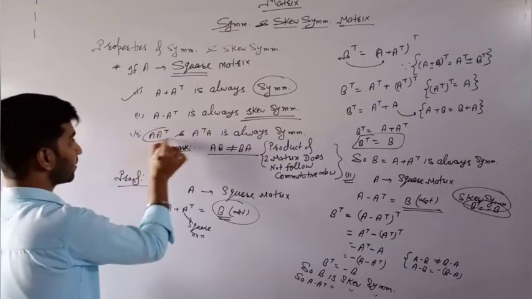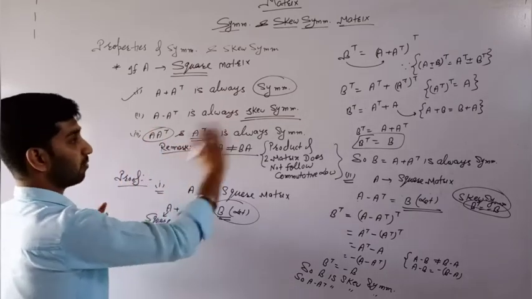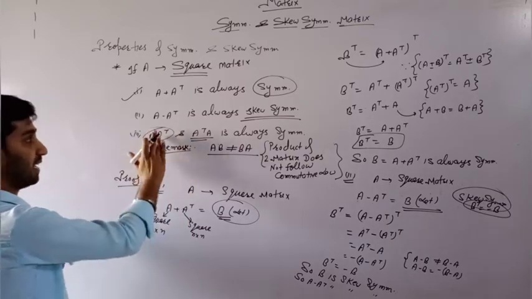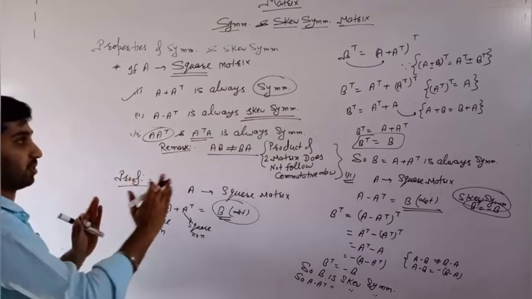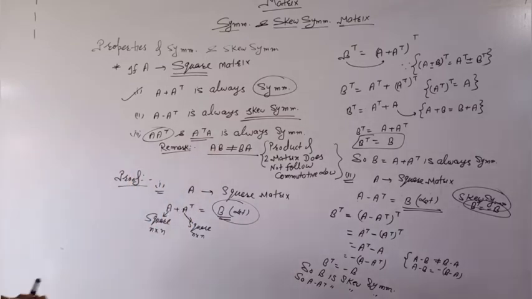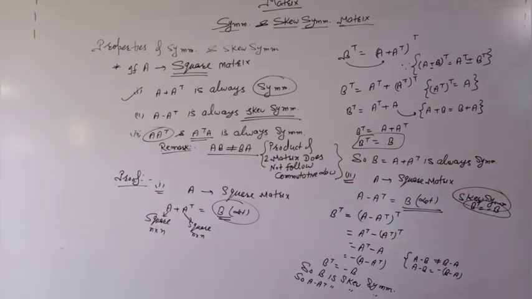These are four parts. Write them down, then we will discuss further properties of symmetric and skew symmetric.